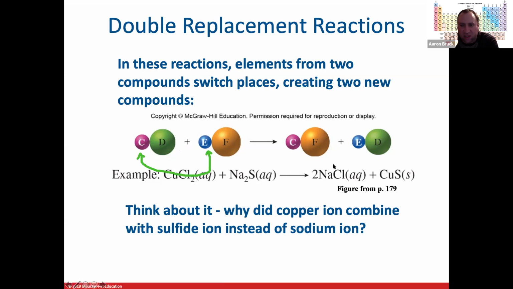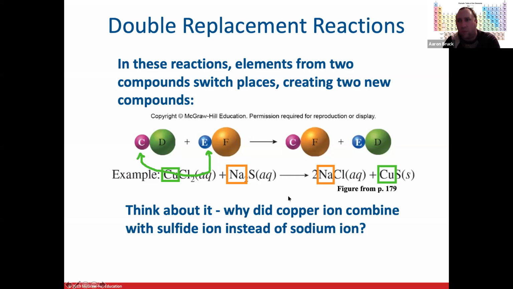C was with D, now it's with F. E was with F, now it is with D. And so if I look at this from a real world example, the C would be copper. And we see that the copper went from being with the chloride to being with the sulfur. And the sodium went from being with the sulfur to being with the chloride.